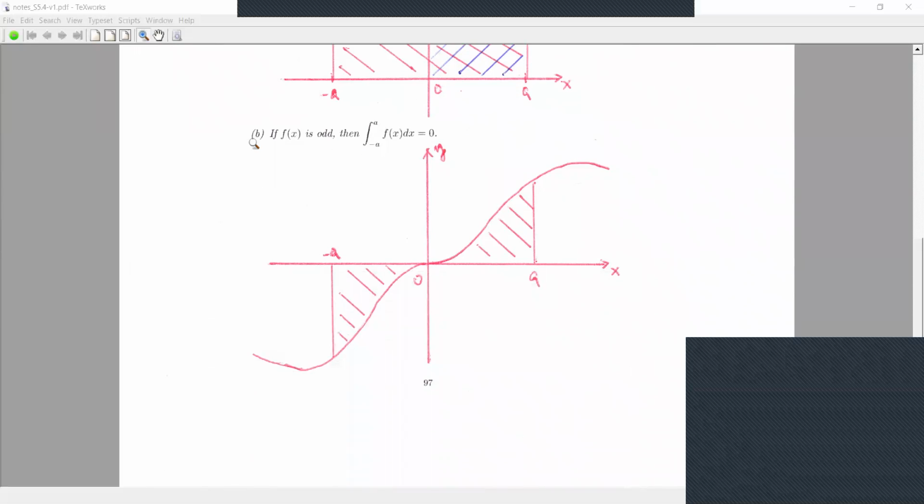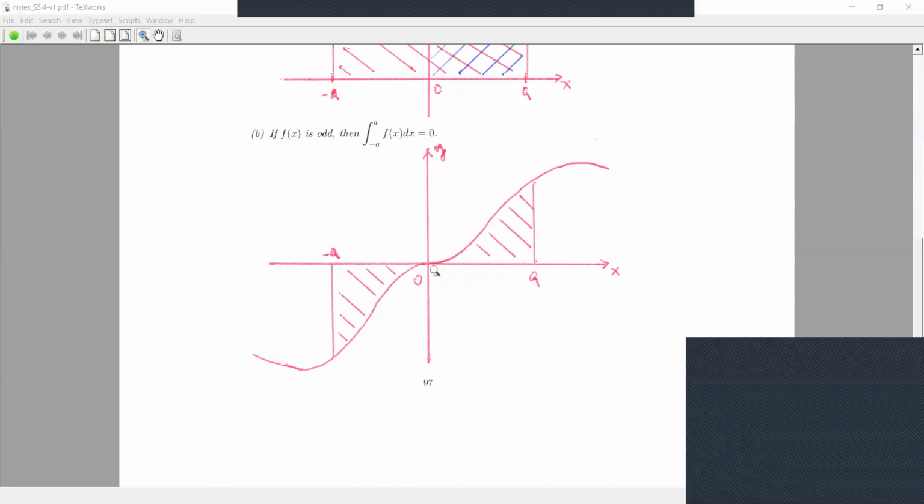Statement B, number 2. If a function is an odd function, then the integral from negative a to a of the function is 0. This integral is the net area of this shaded region. Net area of the shaded region is the area that lies above the x-axis minus the area that lies below the x-axis.